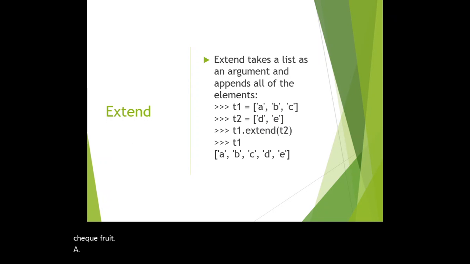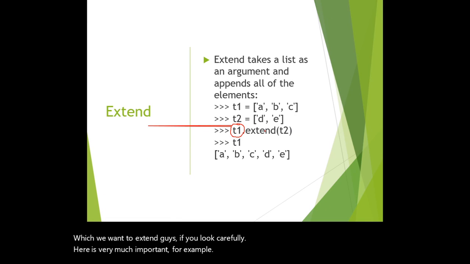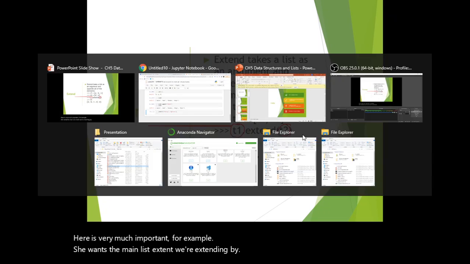We want to extend, guys. If you look carefully here, this is very important. For example, gems is the main list, and we are extending it by gems2. It's very essential.